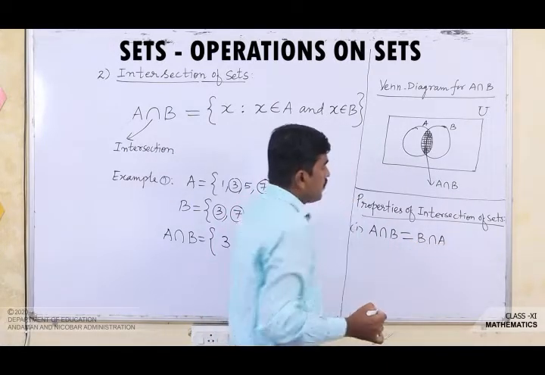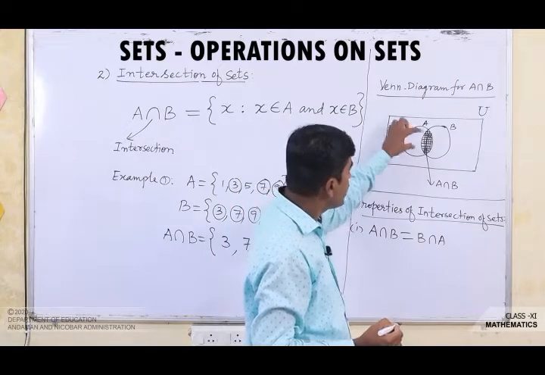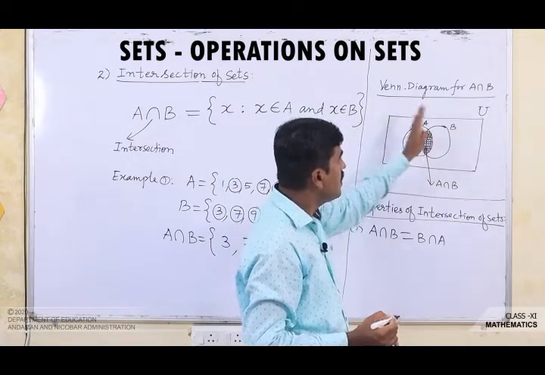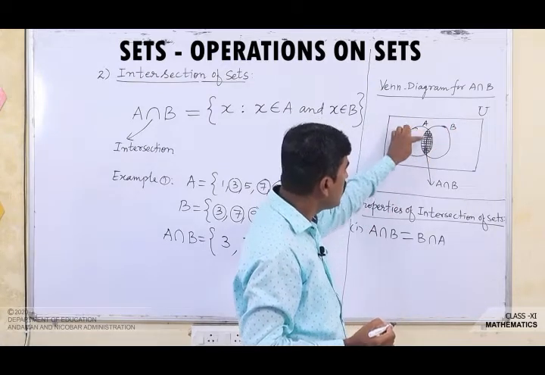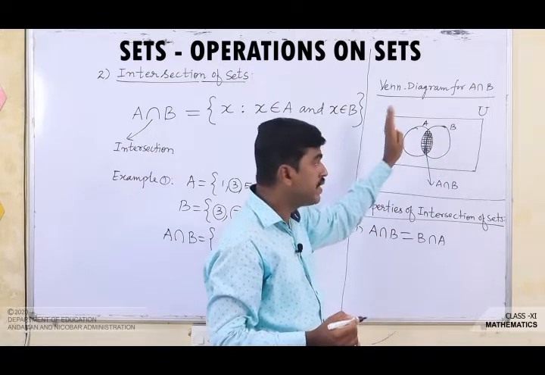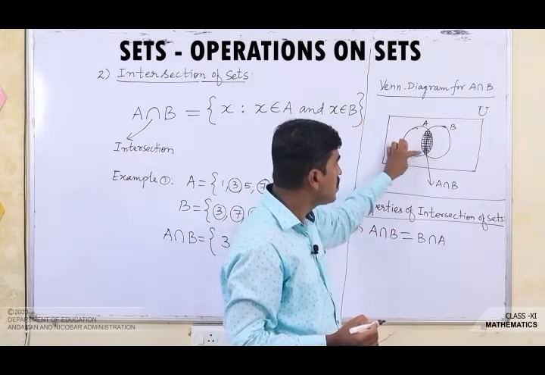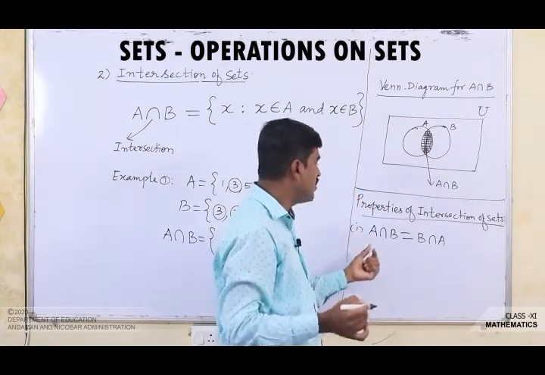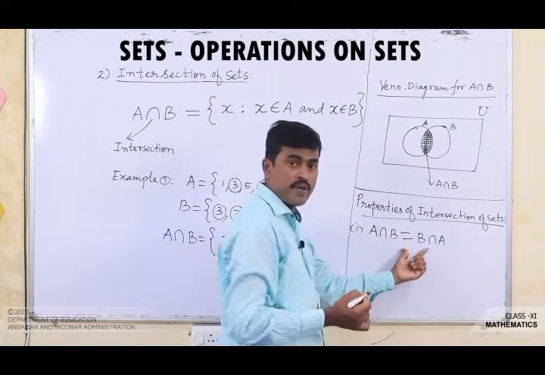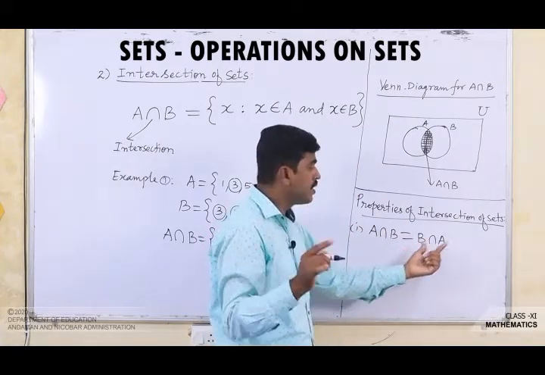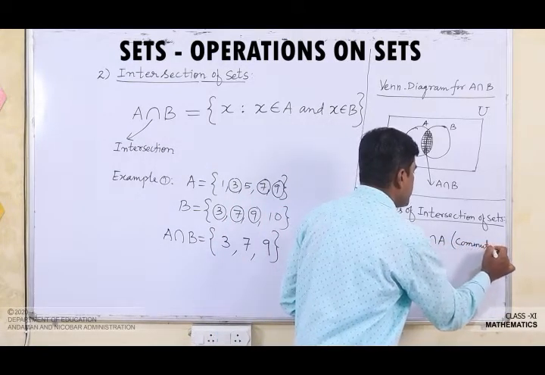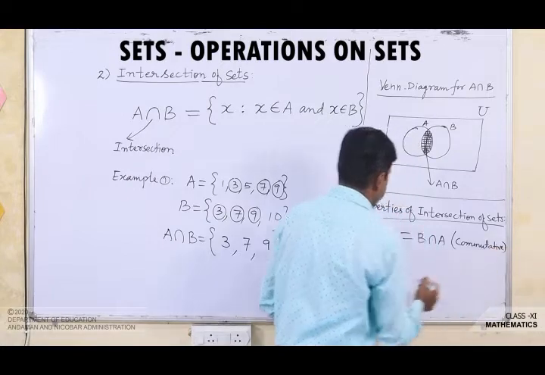You see this Venn diagram, what is the common region to both A and B? This is the shaded region. So if we take A intersection B, then we are going to shade this region only. If we are going to find B intersection A, then also we are going to shade this region only. That means A intersection B is equal to B intersection A. This property is called the commutative property for intersection.